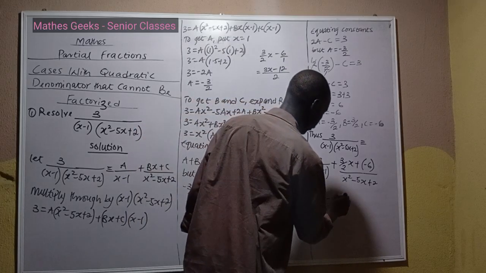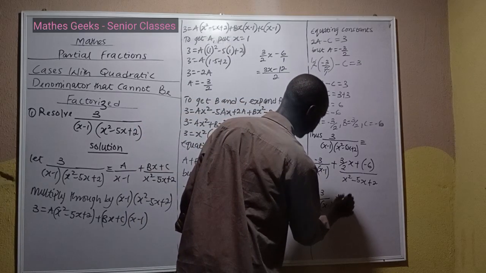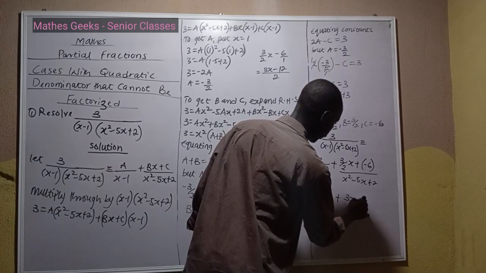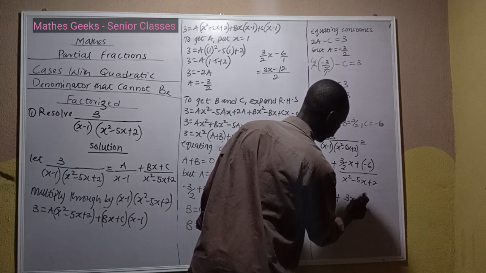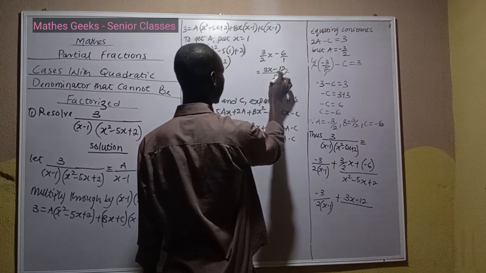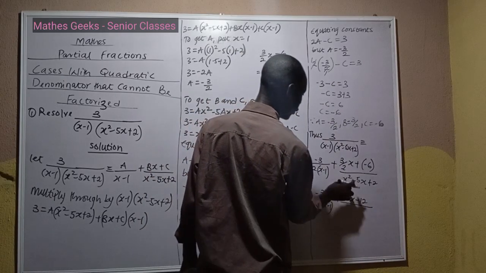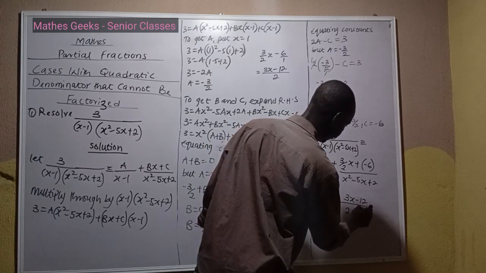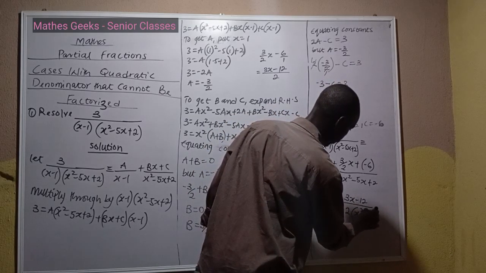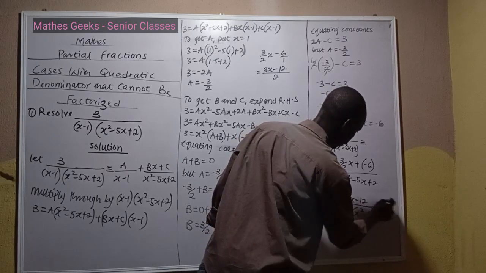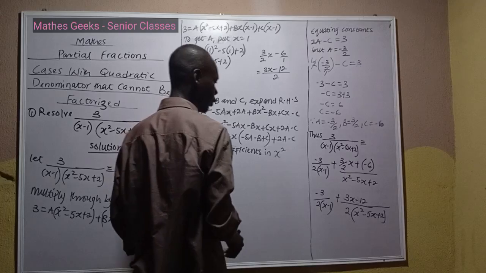So this will give us 3x minus 12 over, so we bring the 2, which is the denominator, down to this side. So it becomes 2 over x squared minus 5x plus 2. Okay, so that's what we're going to have.